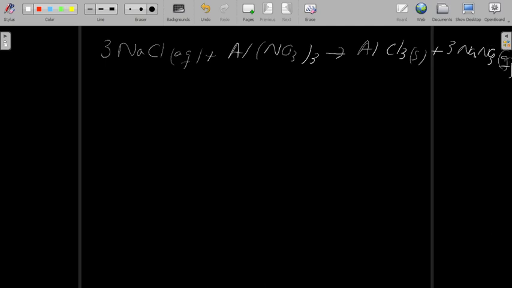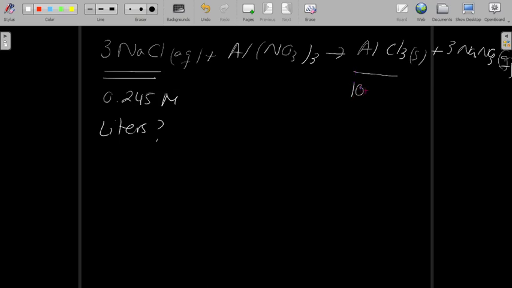Okay, so let's read it again and put the information where it belongs. It says, how many liters of 0.245 molarity solution of sodium chloride, so this is the sodium chloride, they give us a molarity, 0.245 molarity. You want to know the liters, the amount of liters, will be necessary to make 100 grams of that aluminum chloride.